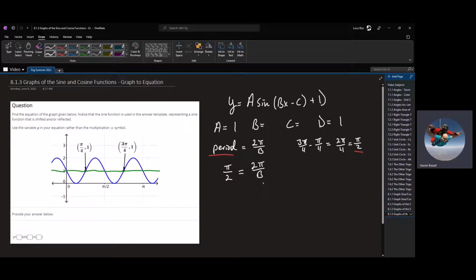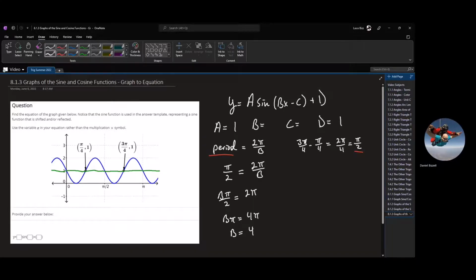So let's multiply both sides by b, and we get b pi over 2 is equal to 2 pi. Then if we multiply this side by 2, we get b pi is equal to 4 pi. And then if we divide both sides by pi to get b by itself, we get b is equal to 4. So now we know b is 4.